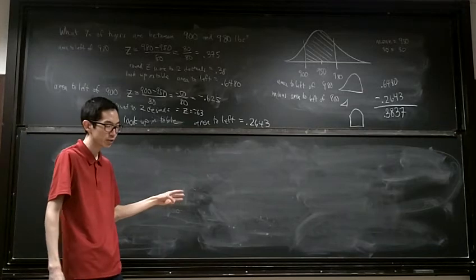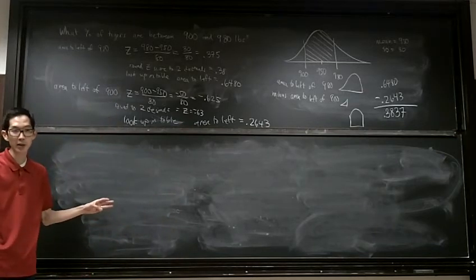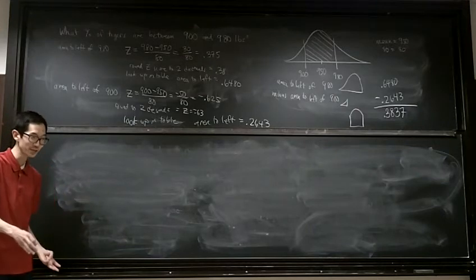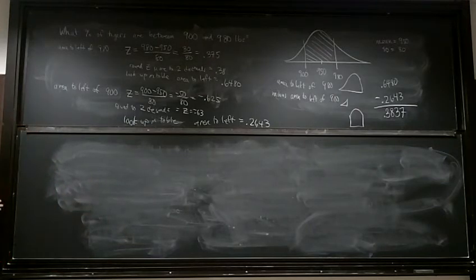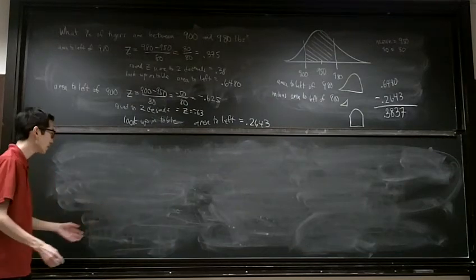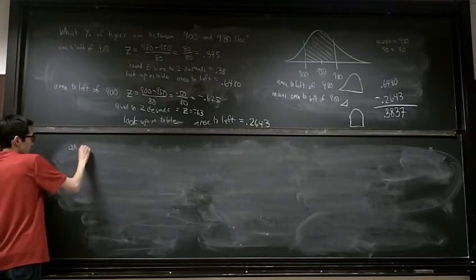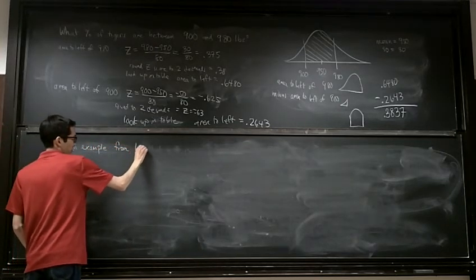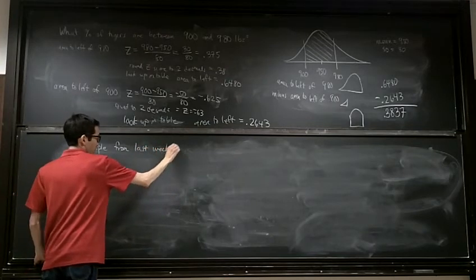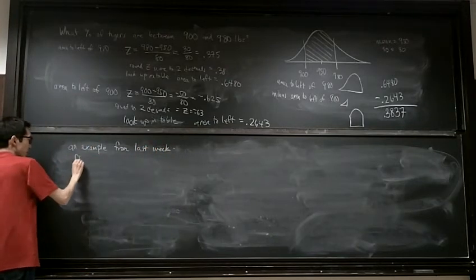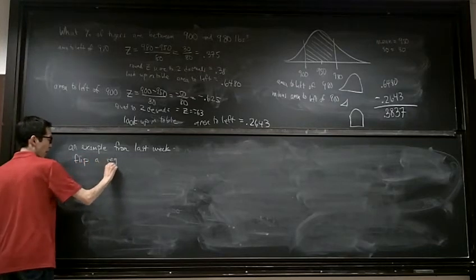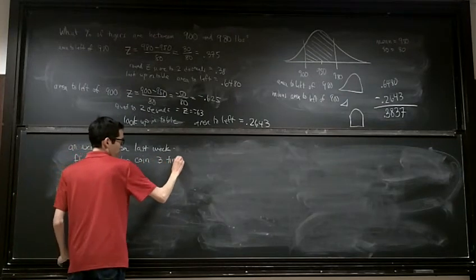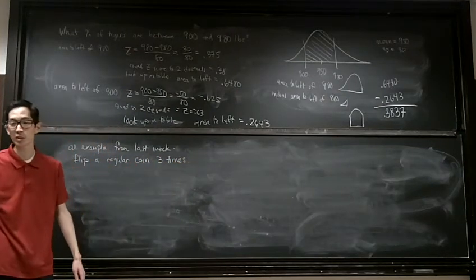Last week, I don't know if you guys remember this, we talked about probabilities for sequences of independent events. One example from last week: I said we flip a regular coin three times.